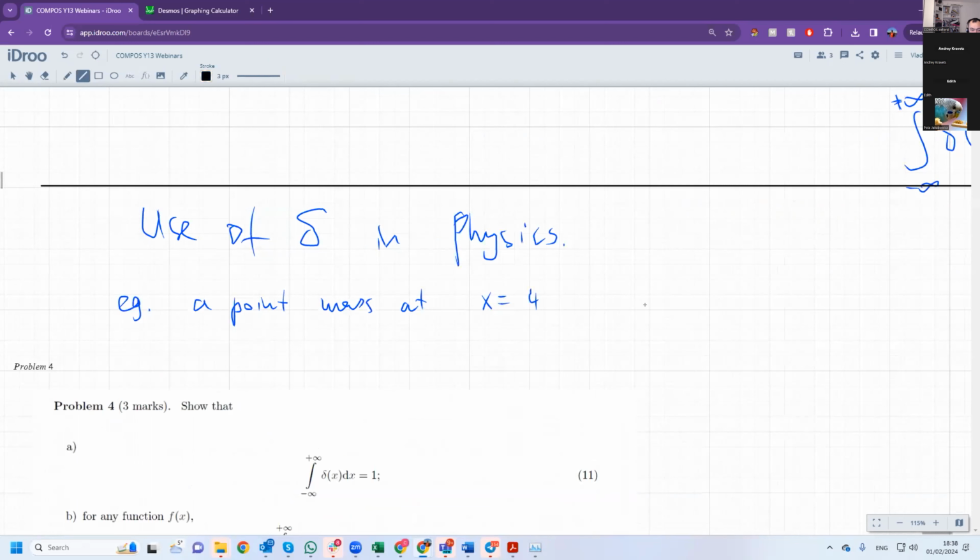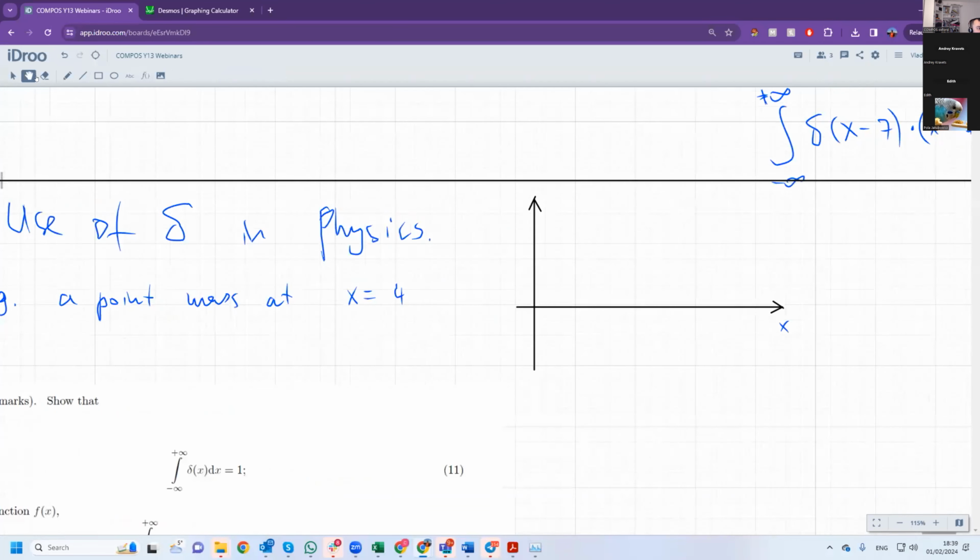You have x, and this is the density. Well, this is the density distribution.